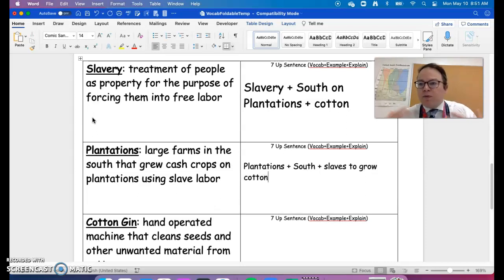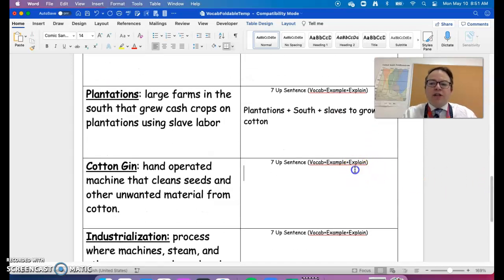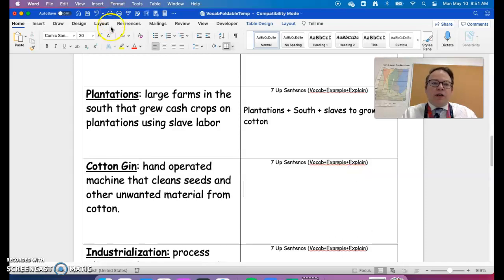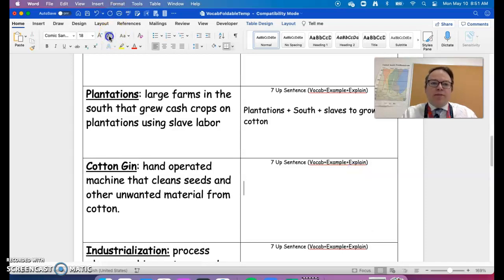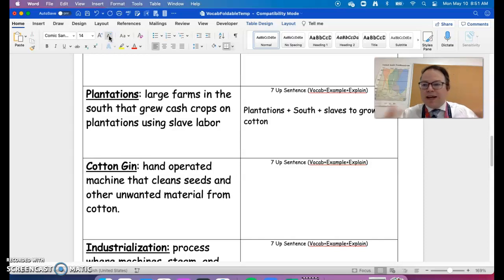That would be a simple change in that way. The cotton gin, we're going to talk about this more in depth as well. And as you get the ability to add details into this, feel free to do that.